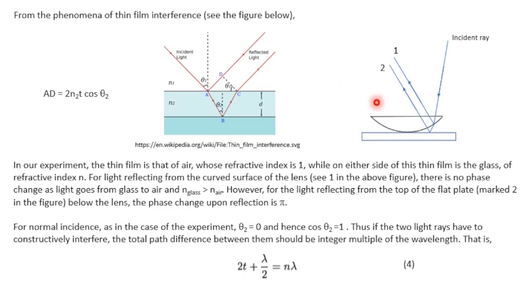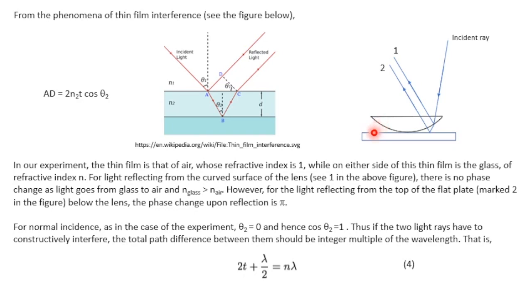Now here, notice that when light travels vertically down towards this assembly, the light that propagates in the region between the glass plate and the plano-convex lens travels a distance of 2t, and additionally it suffers a path difference of lambda by 2 with respect to the beam reflecting from the curved surface.